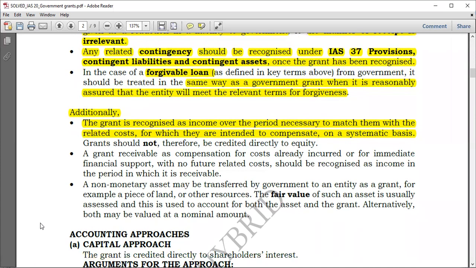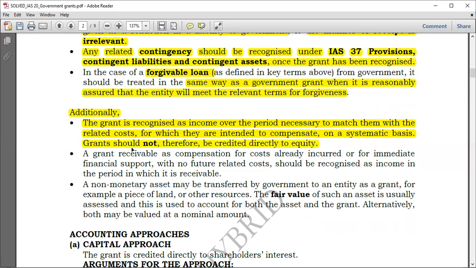And we are told here that grants should not therefore be credited directly to equity. Of course, you do not take the grants directly to equity. There are accounting approaches, all explained down here. If a shareholder gives you $10 million as share capital, it obviously goes to equity directly.